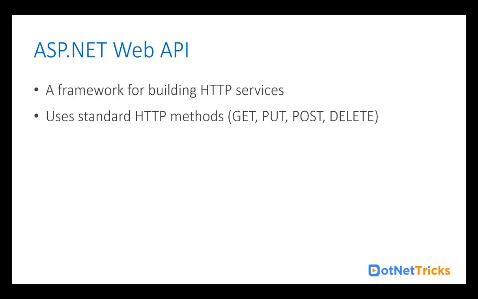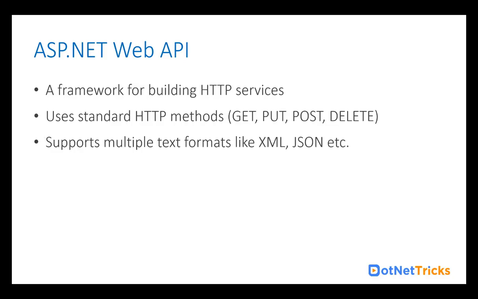Using all these methods, we can interact with our API to perform create, update, delete and retrieval operations. It supports multiple text formats like XML, JSON, Atom, etc. So we can return the data from the Web API in XML format, JSON format, or other formats as well.